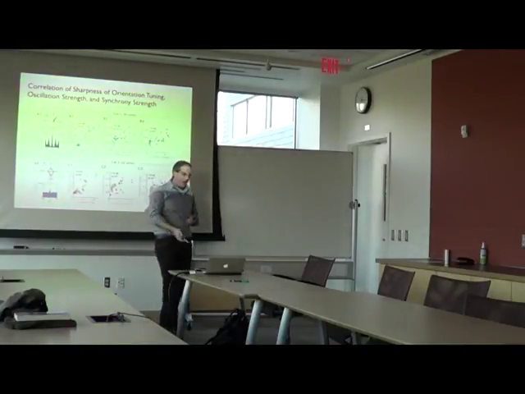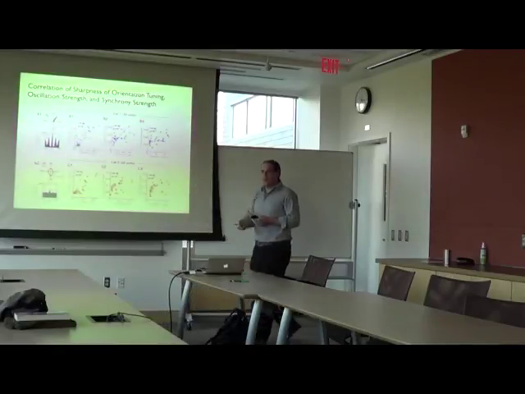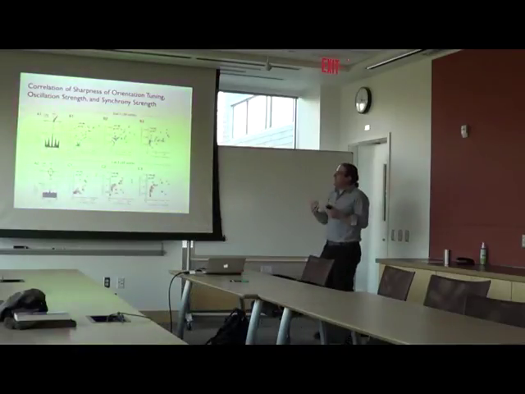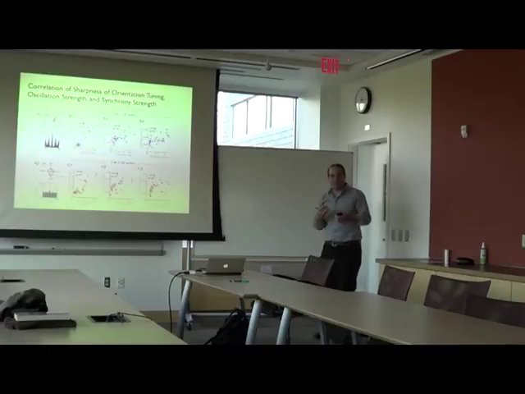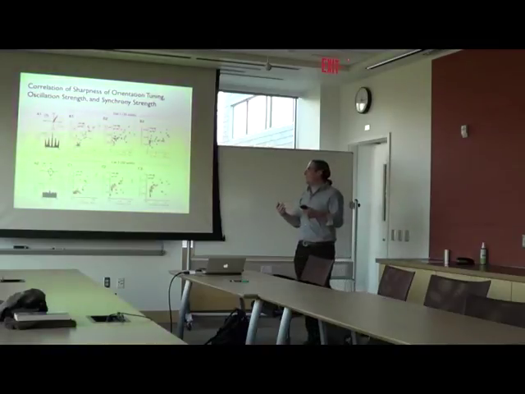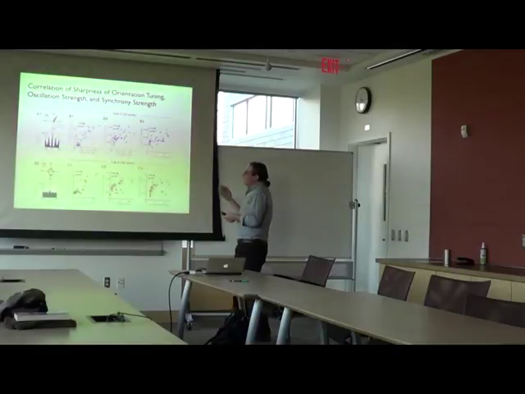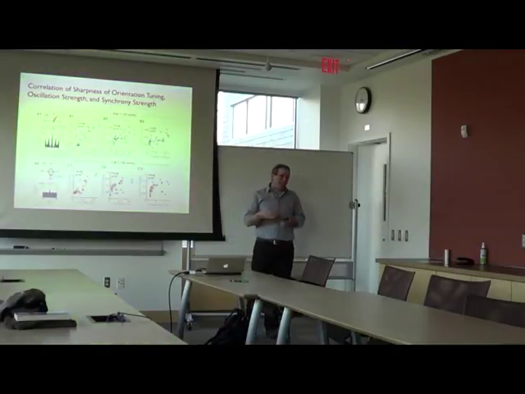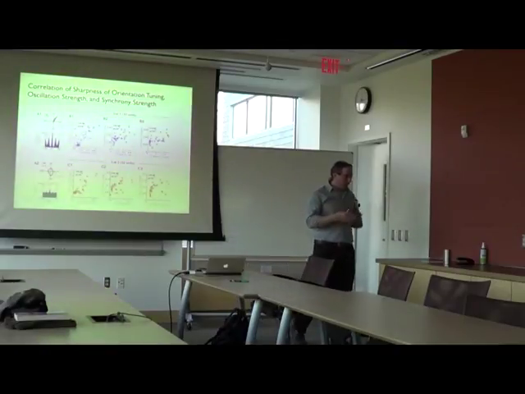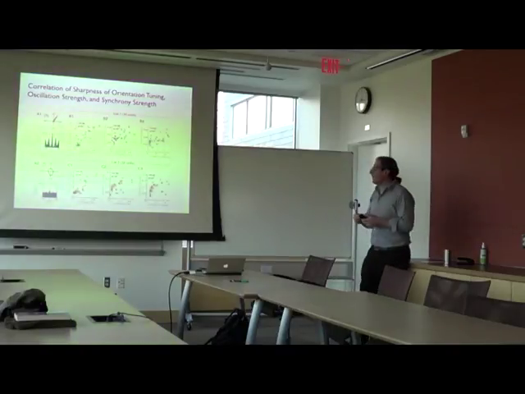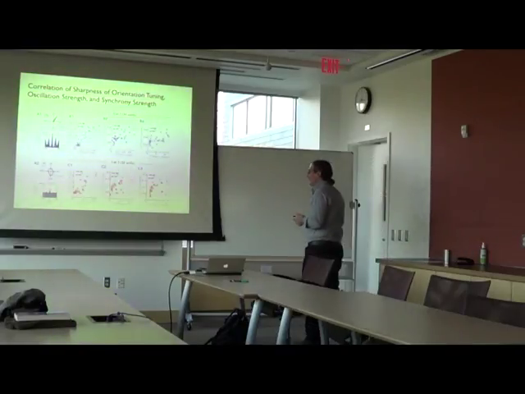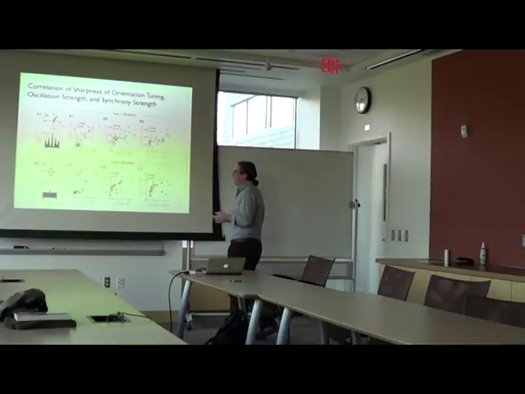They're the ones that have the strongest oscillations, the strongest synchrony. So we call them promiscuous synchronizers because they're less discriminant about who they synchronize with. The non-synchronization hubs do synchronize, but they synchronize less frequently and with fewer different neurons. And they tend to be the synchronization hubs that they synchronize with.